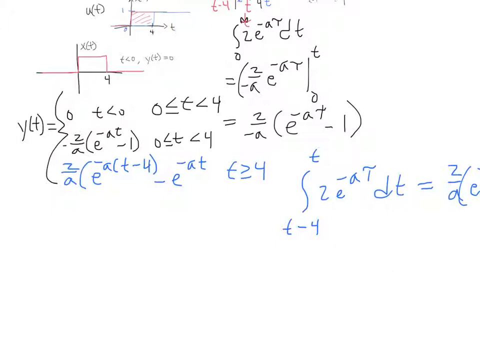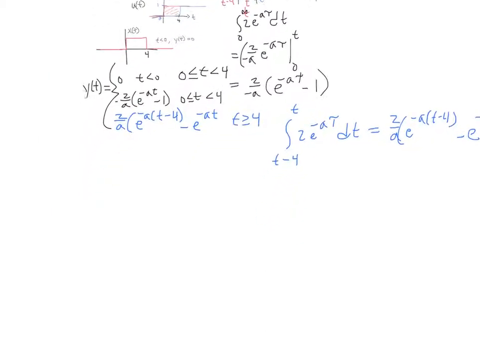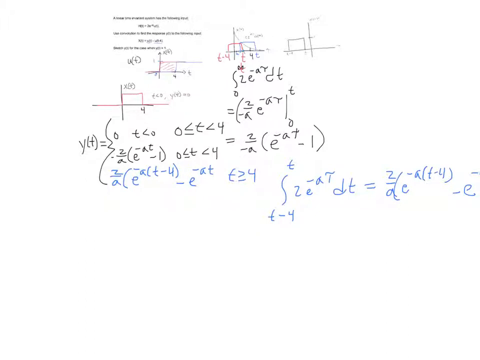Okay, so now that we have all this right here, we can look at our second part right here. Sketch y of t for the case when a is equal to 1.